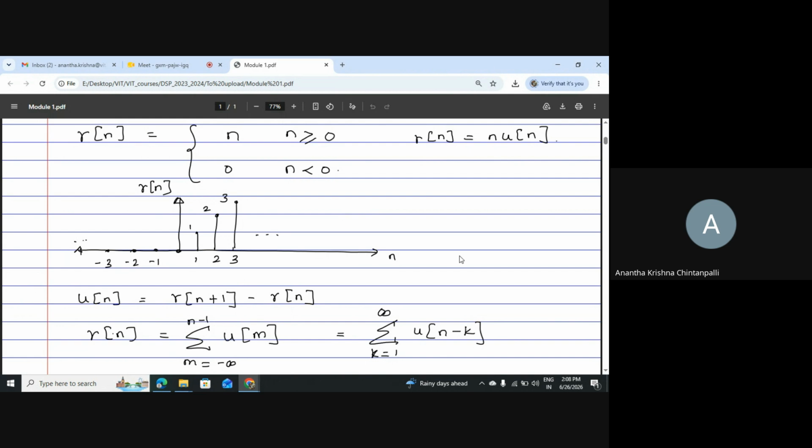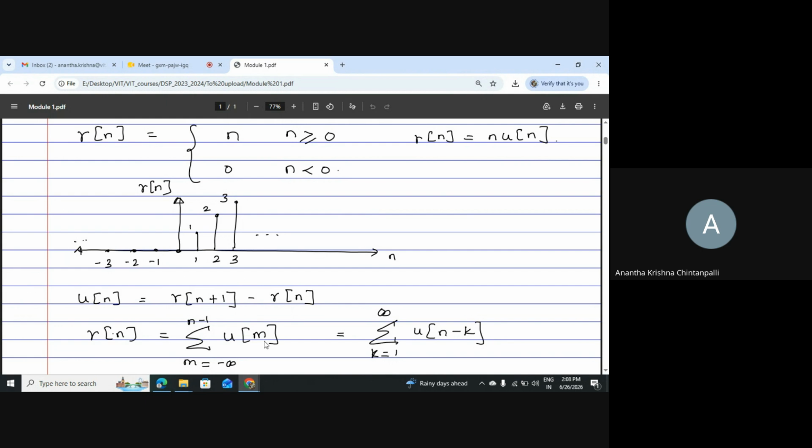This is pretty straightforward, in the sense that what you do is substitute the values. How do you substitute the values? Again, n is equal to minus 3. If you put n equal to minus 3, this is the summation of m goes from minus infinity to minus 4 of u of m, which is going to be 0.